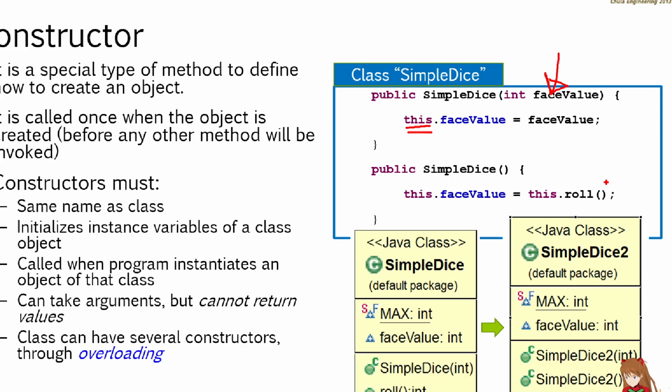So you need this.faceValue. This will mean the face value of this object. But faceValue here is the local variable of the method. So you use this keyword to distinguish between them.